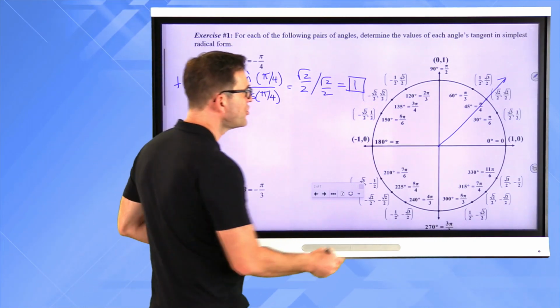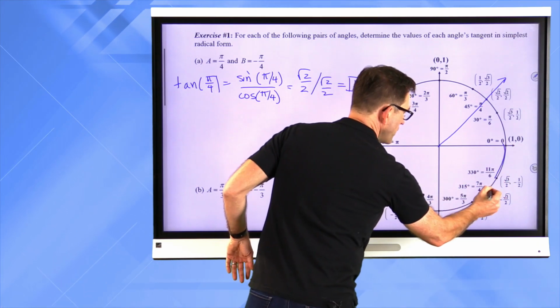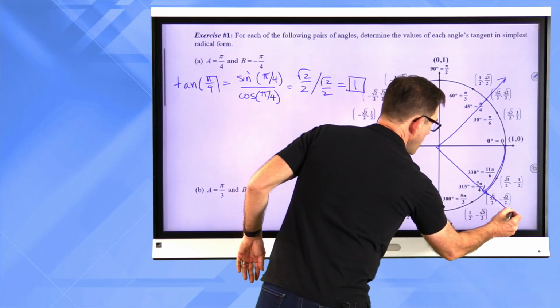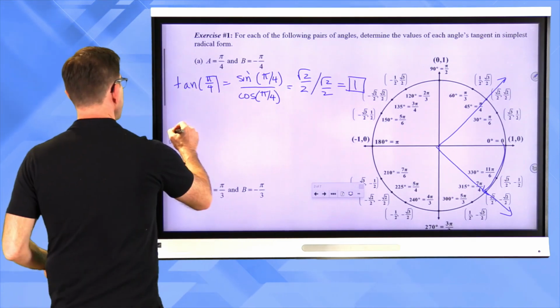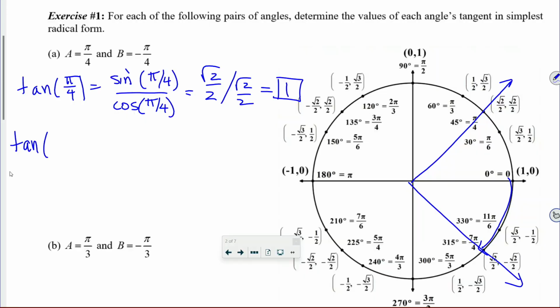Now, if I was going to negative pi over 4, which is right here, we can also calculate its tangent value, and we can say that the tangent of negative pi over 4 is equal to the sine of negative pi over 4 divided by the cosine of negative pi over 4.